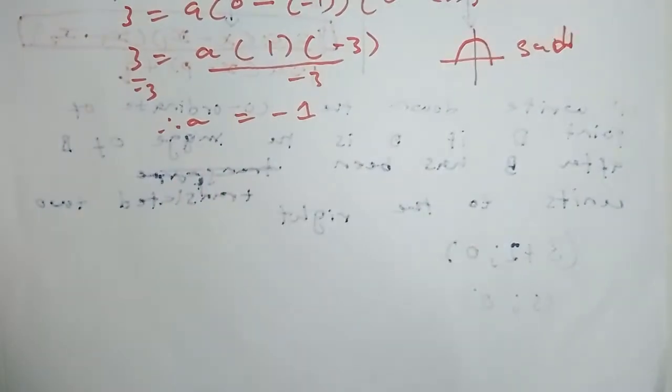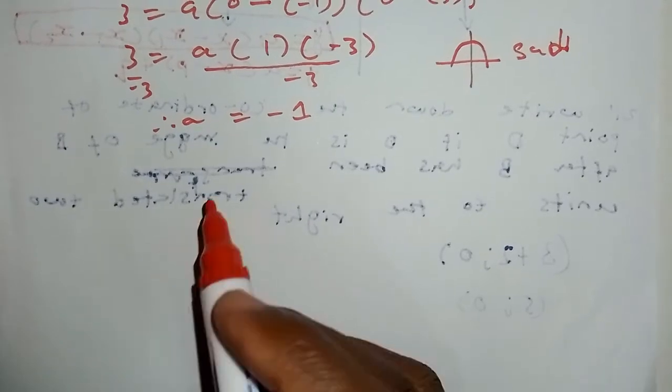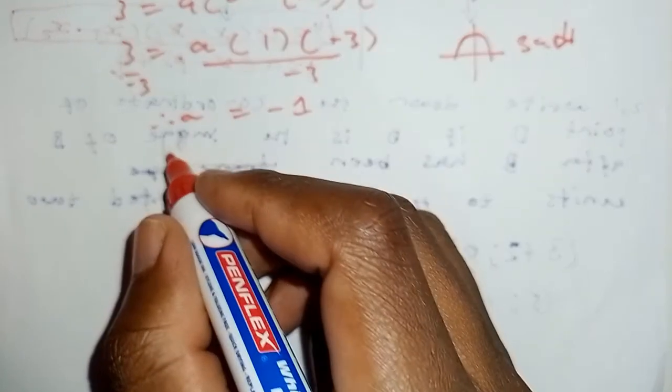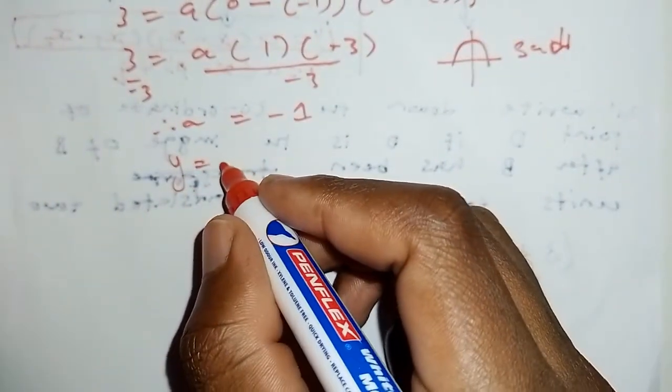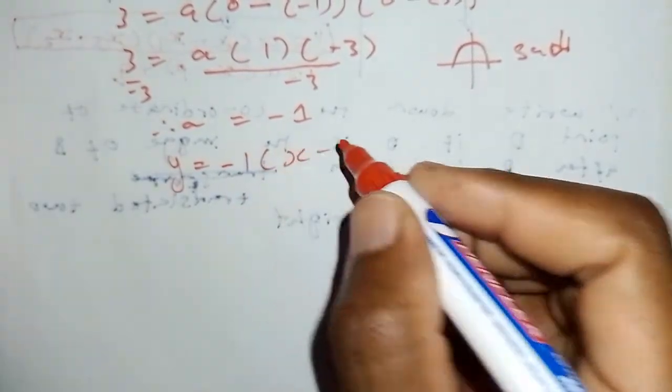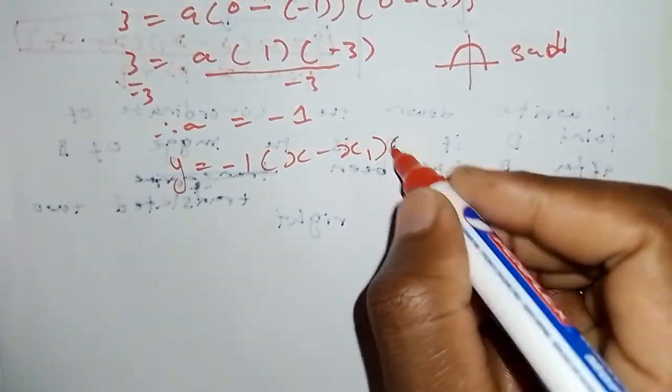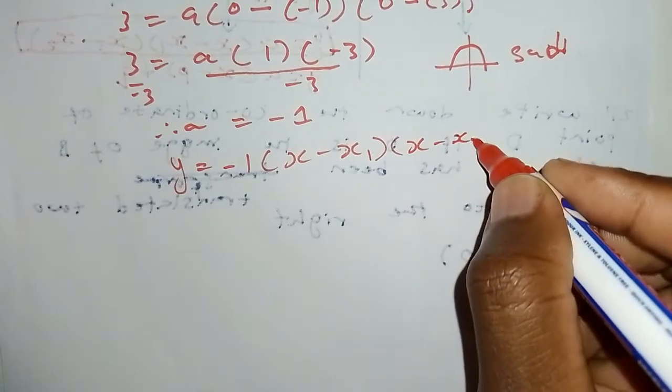Okay, now we have the value of a, right? When we have the value of a, we can just say y is equal to negative 1 into x minus x1 into x minus x2, right?